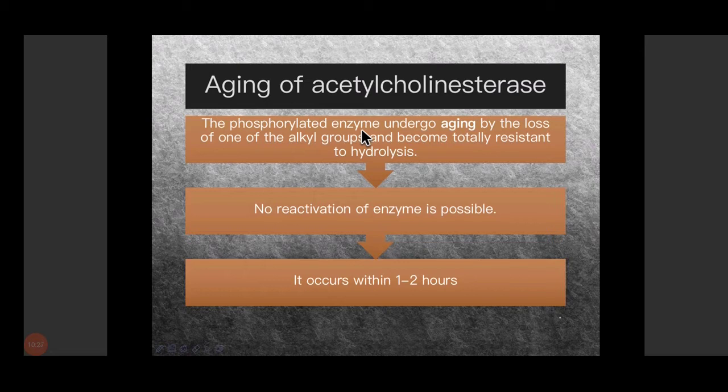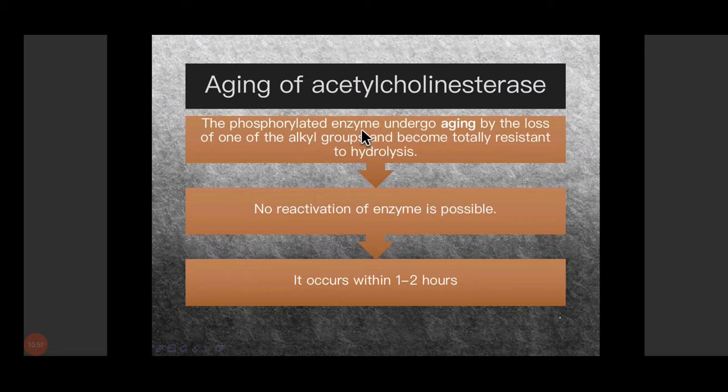You also know that this phosphorylated enzyme is difficult to detach, even by hydrolysis. Why? Because the phosphorylated enzyme undergoes aging by the loss of one or more alkyl groups and becomes totally resistant to hydrolysis. No reactivation of enzyme is possible, and this can happen in 1 to 2 hours.